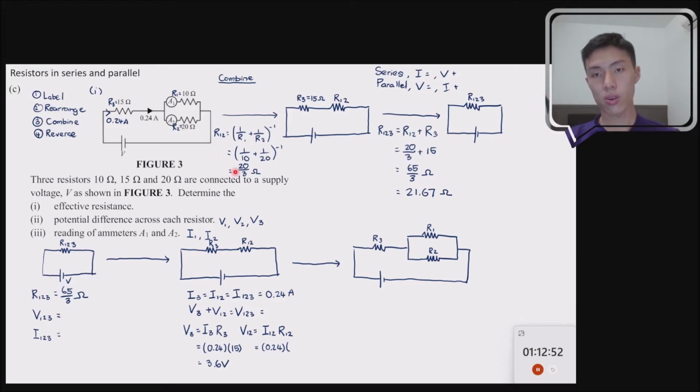What's the value for R12? 20 over 3. So from here, you should be able to get 0.24 times 20 divided by 3. It will be 1.6. Okay, so if you take V3 plus V12, you add them up, you should get a value of 5.2 volt.